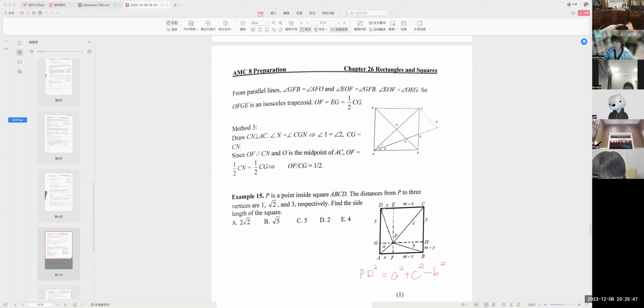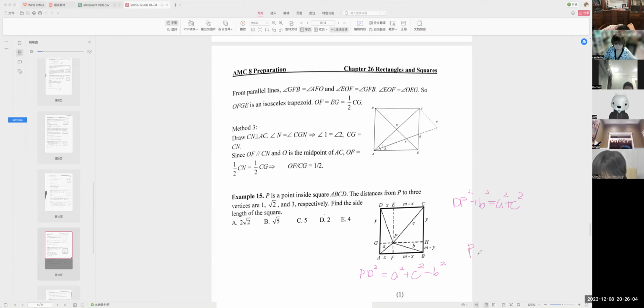Why? Because we have the theorem we can use from before, right? Because DP squared plus B squared equals A squared plus C squared, correct? So BD squared equals A squared plus C squared minus B squared. Understand, everybody?